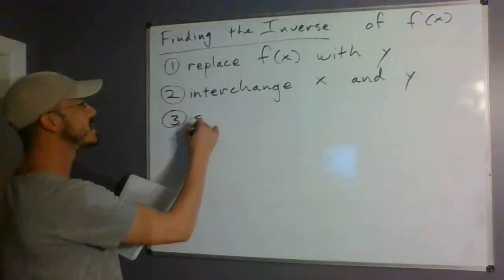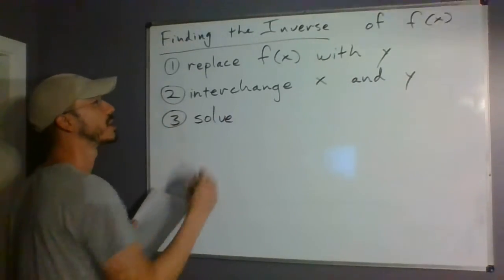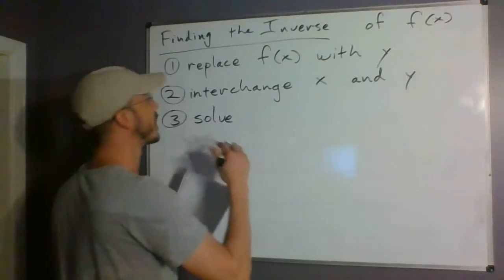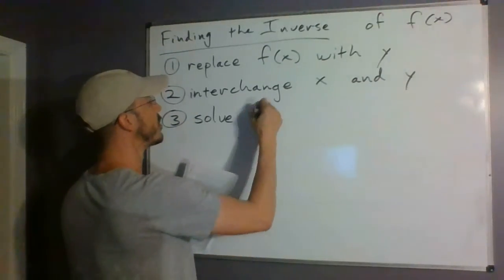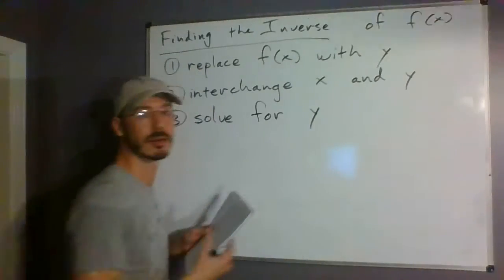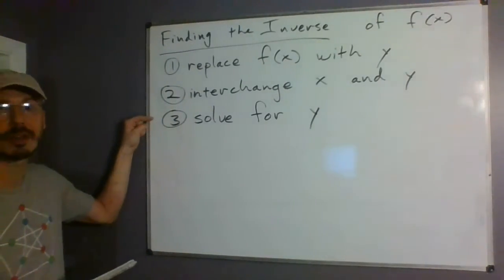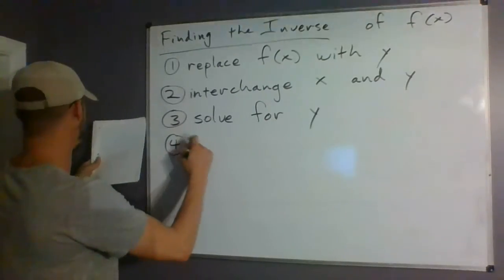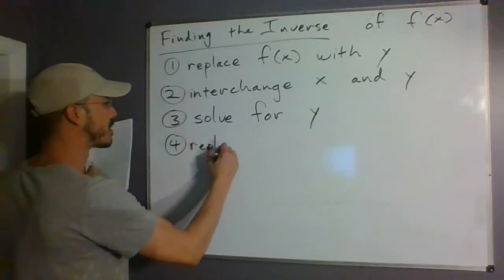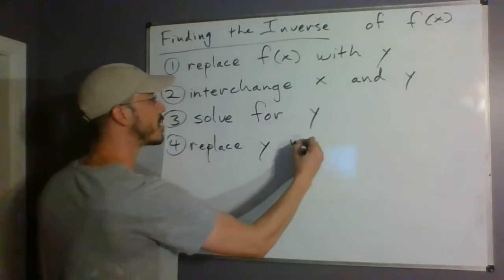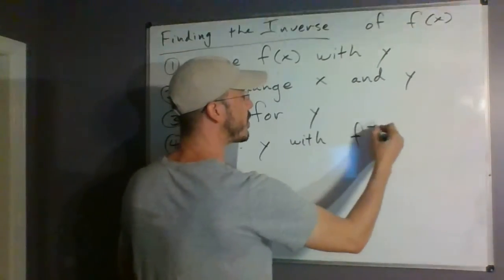The third step is the actual algebra step, where we actually do the work of finding this formula. Solve for y. The formula that we get from step 2, we're going to solve that for the y variable. And then finally, replace y with f inverse of x.